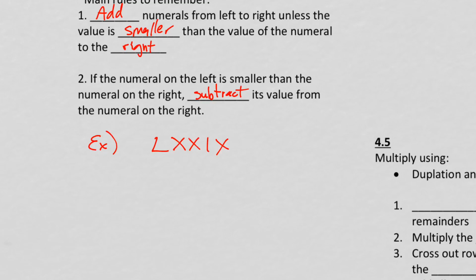So this L is 50, and we have 2 X's, so that's 10 plus 10 is 20. Then we have an I in front of the X, so that's 1 taken away from 10, which is 9. So the answer is going to be 79.